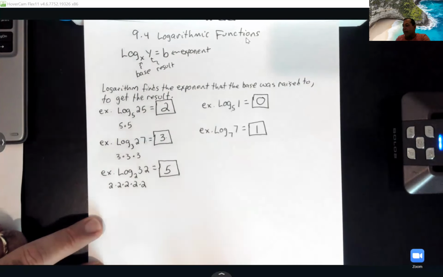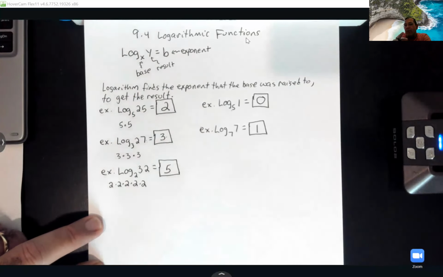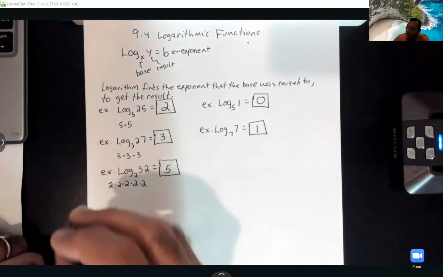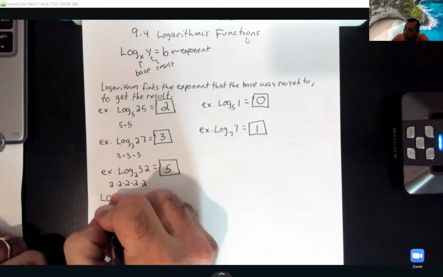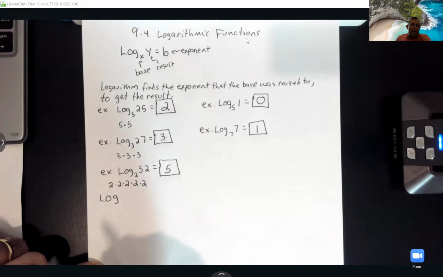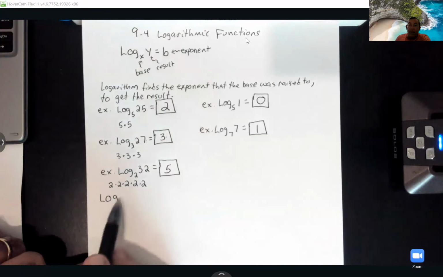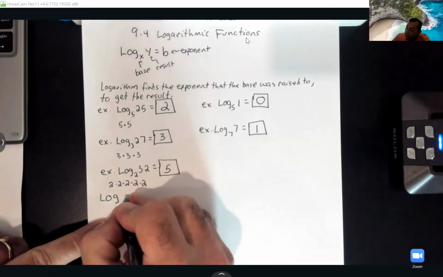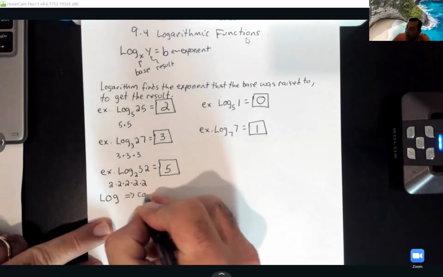Now we got two special logs, and these two are on the front of your calculator. One on the calculator to the left of the 7 is a log. We call this the common log.